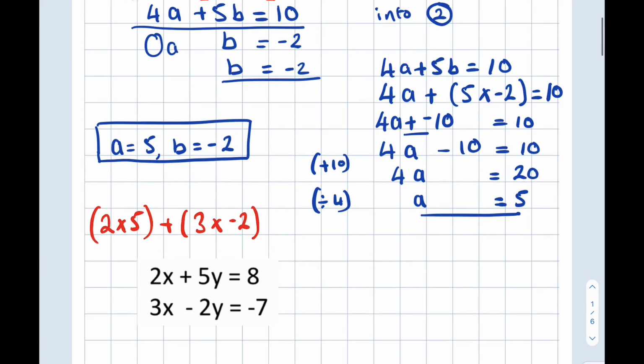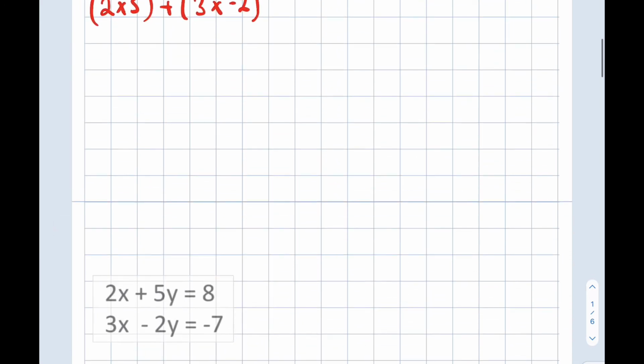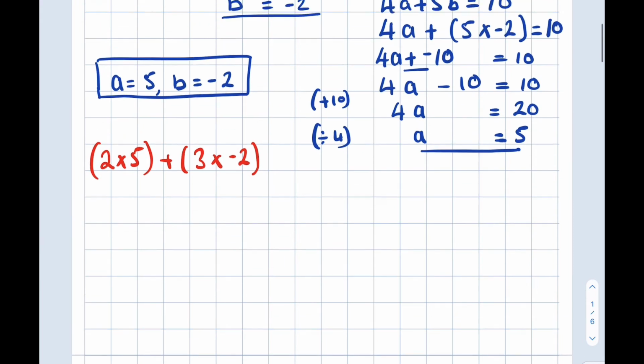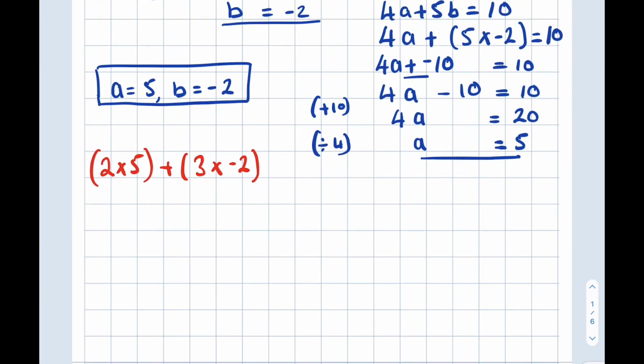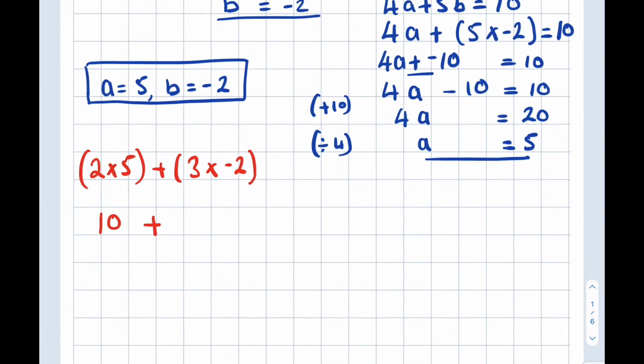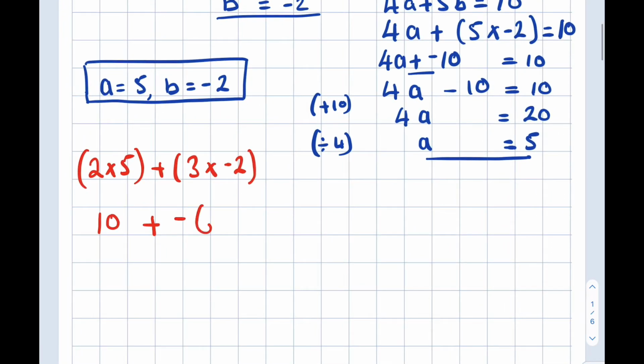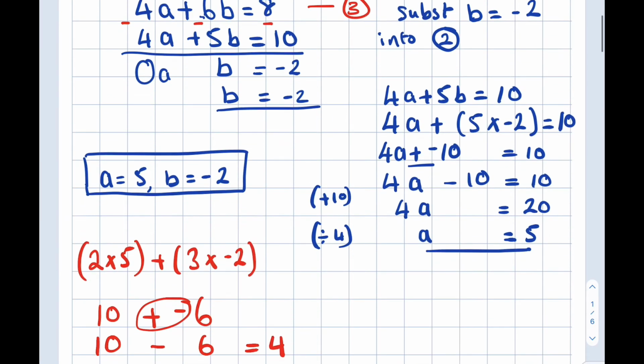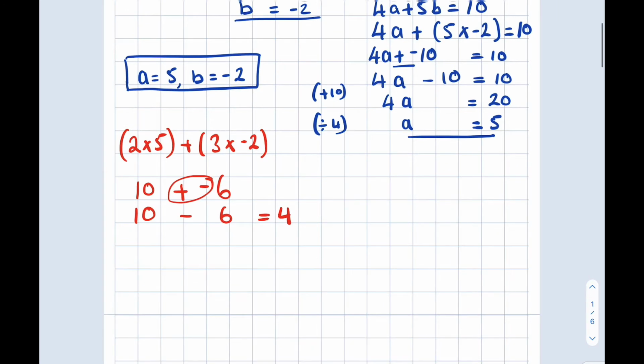So 2 times 5 is 10. 3 times a negative 2 is a negative 6. Plus and a minus gives a negative. So you end up doing 10 take away 6, and the answer is 4. So that's what we had in that first equation. So it clearly works. Okay, that was the first one.